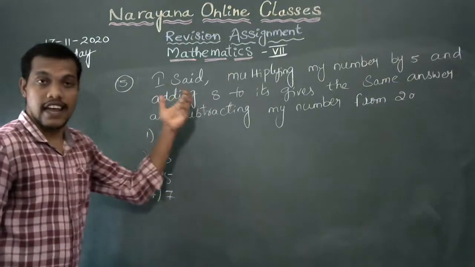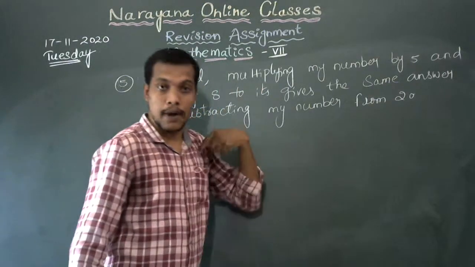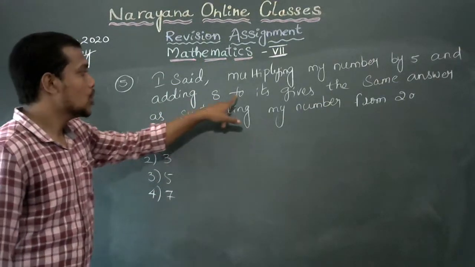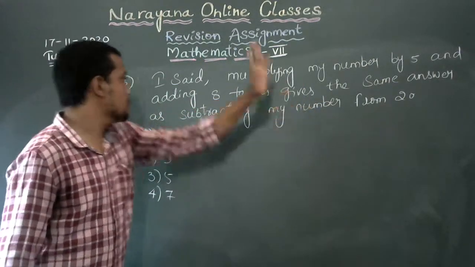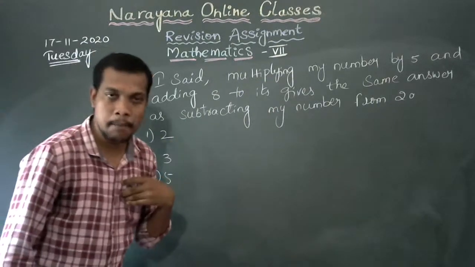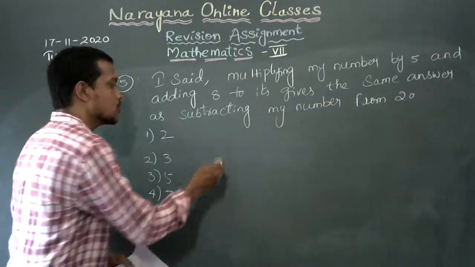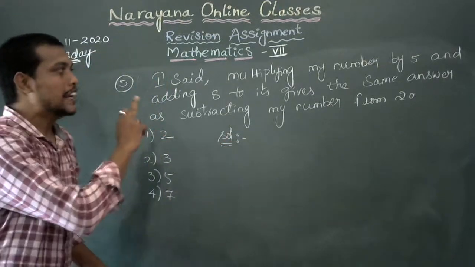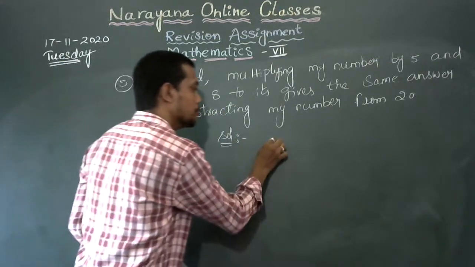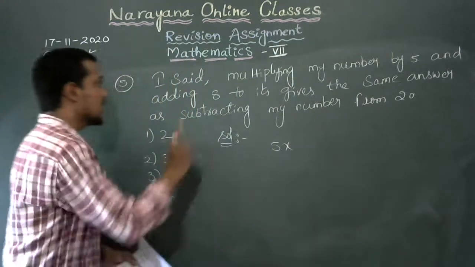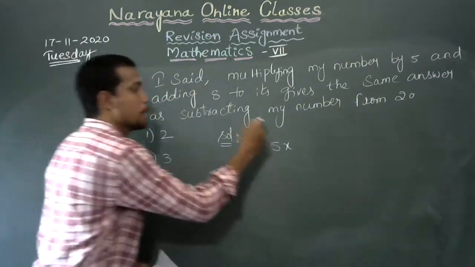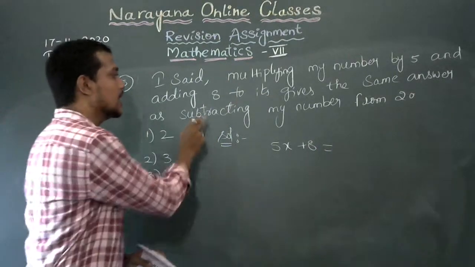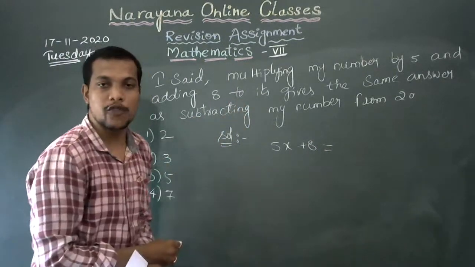Now see, I said multiplying my number by 5 and adding 8 to it gives the same answer as subtracting my number from 20. So here solution, multiplying my number by 5 means 5x and adding 8 to this number. So it gives the same answer as subtracting my number from 20.